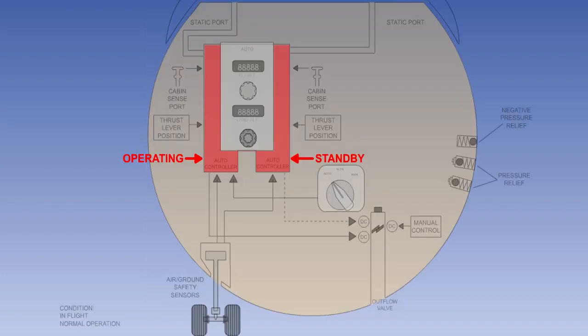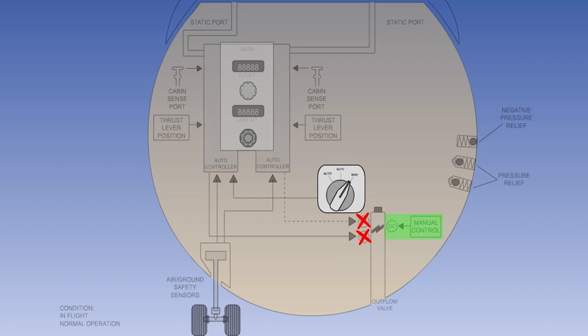In auto mode, one of the 2 automatic pressurization controllers will be operating. The pilot can force the system to use the other controller by selecting alternate. Selection of manual will lock out all normal automatic functions and enable the pilot to control the position of the outflow valves.